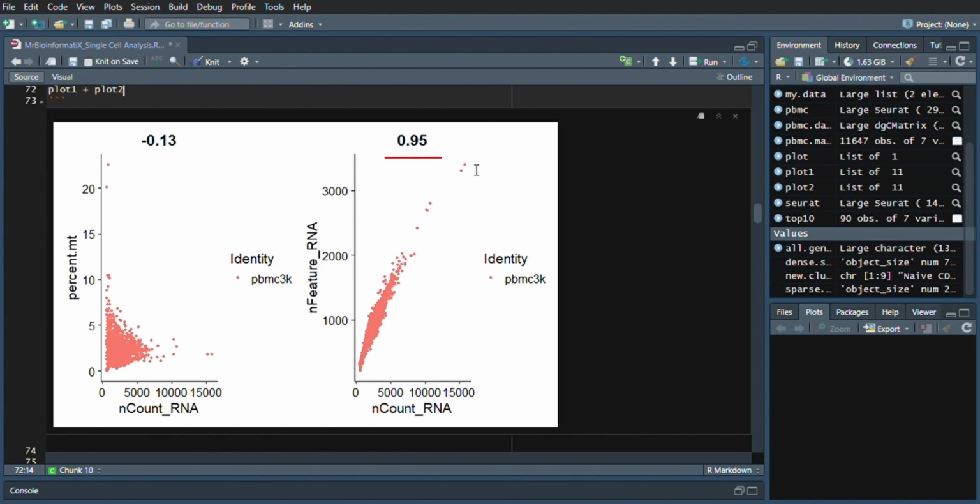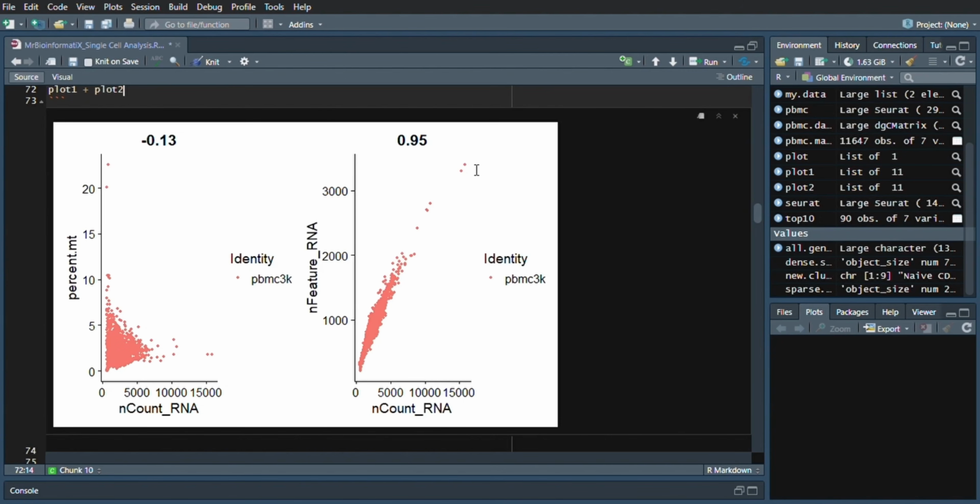This indicates a strong positive correlation between the two features being compared, nFeature_RNA and nCount_RNA. In simpler terms, it means that there is a very clear tendency for the number of genes detected in nFeature_RNA to increase as the total number of RNA transcripts in nCount_RNA increases. This suggests a strong relationship between these two features.